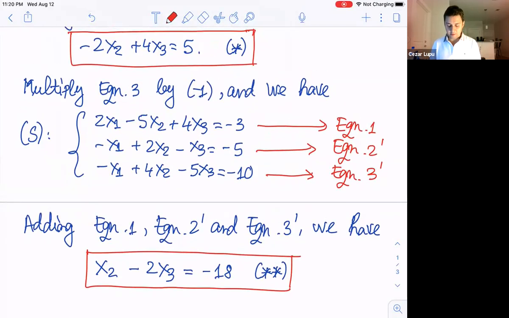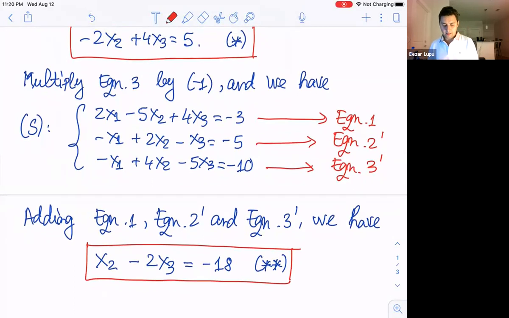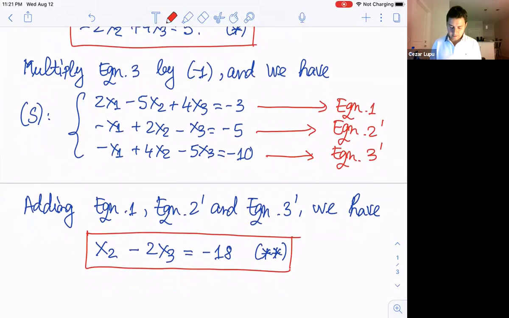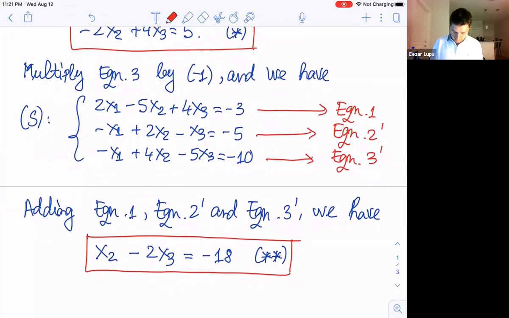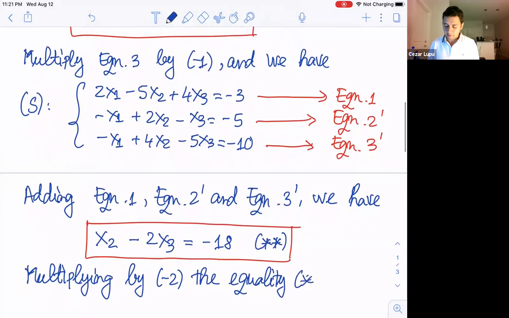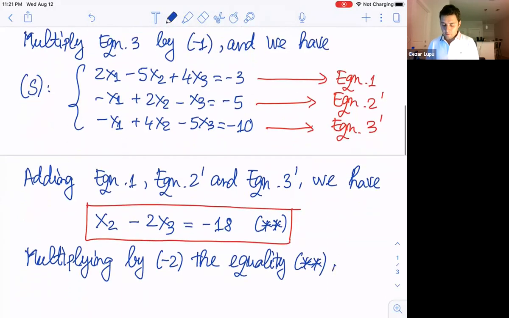For example, if I multiply by negative 2 the double star equality, we have the following.